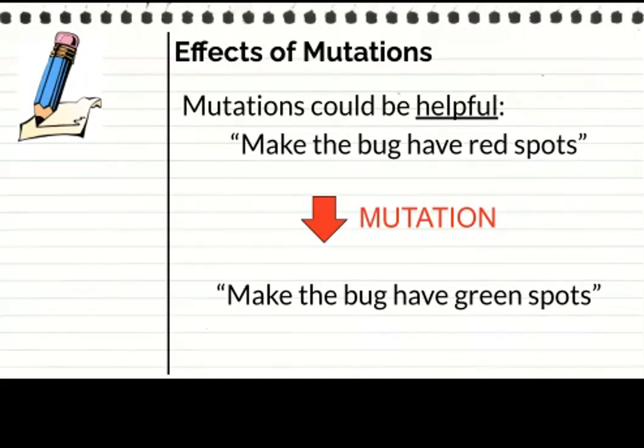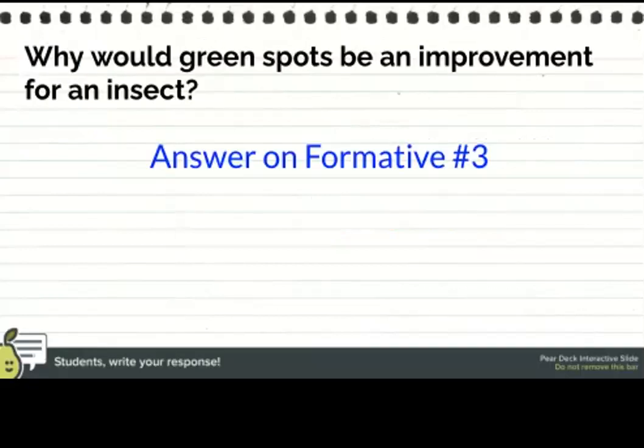We went through that now. We're on number 3 now on the formative. I know some of you are anxious to get that review worksheet done. So now, why would green spots be an improvement, or why would it be a helpful mutation for an insect? So this is number 3.